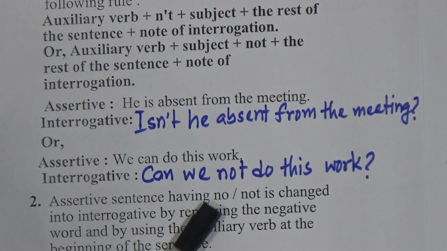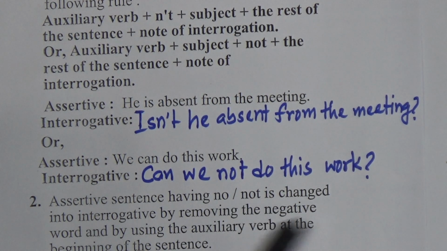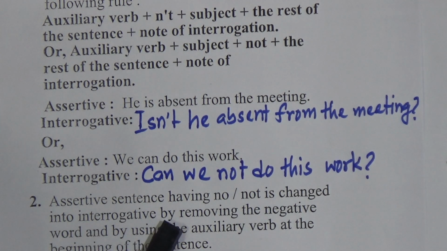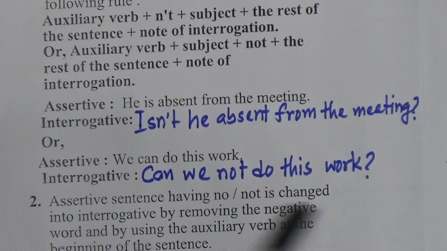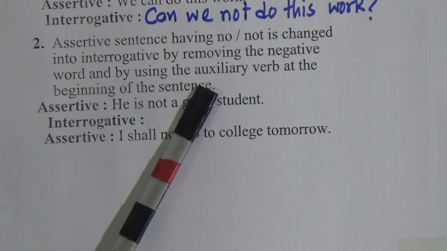Assertive sentence having no or not is changed into interrogative by removing the negative word and by using the auxiliary verb at the beginning of the sentence. Okay, let's read it again. Assertive sentence having no or not is changed into interrogative by removing the negative word and by using the auxiliary verb at the beginning of the sentence.